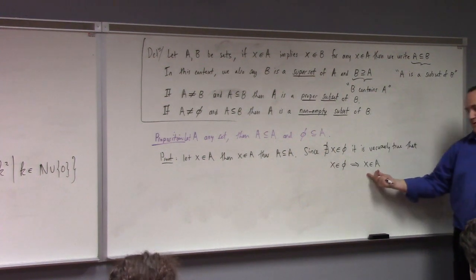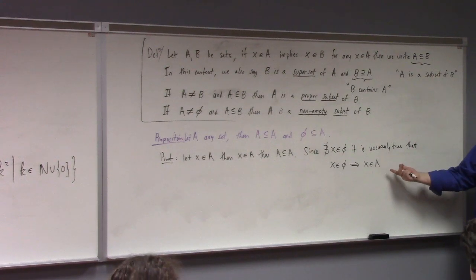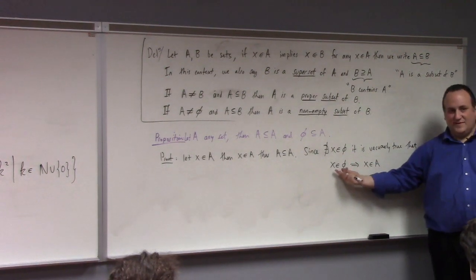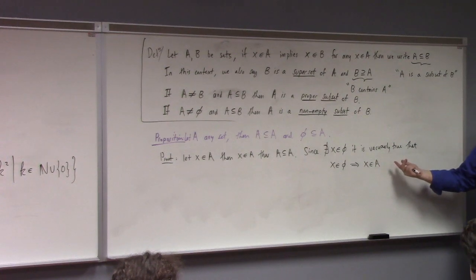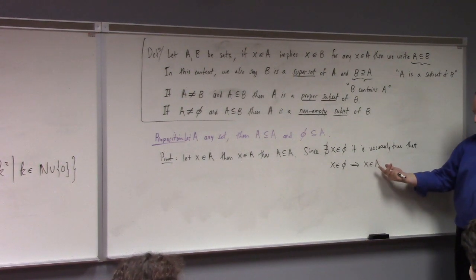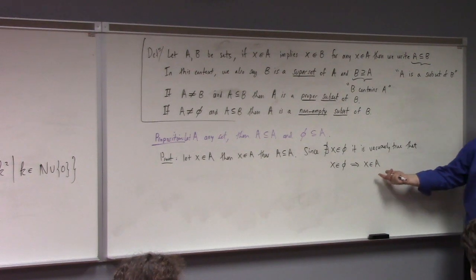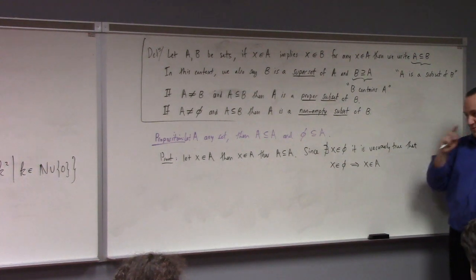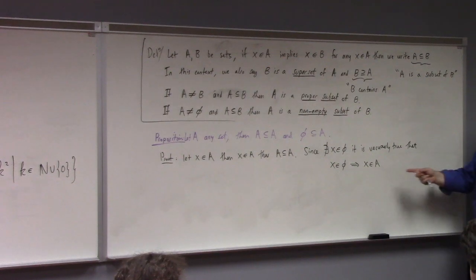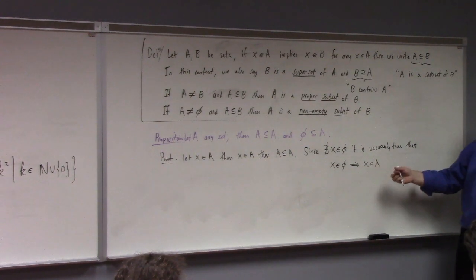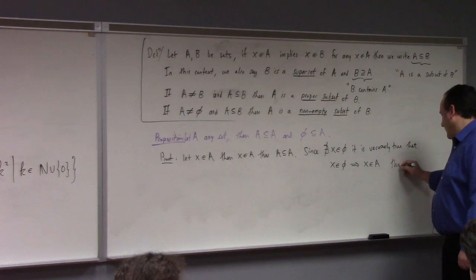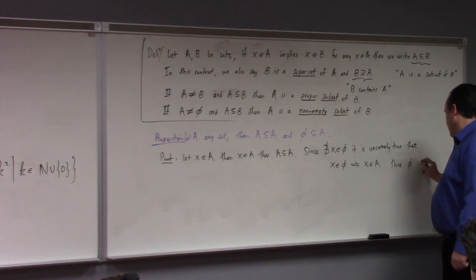You can put whatever you want over here, right? X is an element of the empty set implies X is the president of the United States. You pick whatever kind of crazy thing you want to put over here, but anyway, we'll just stick with X as an element of A, because that proves that the empty set is a subset of A.